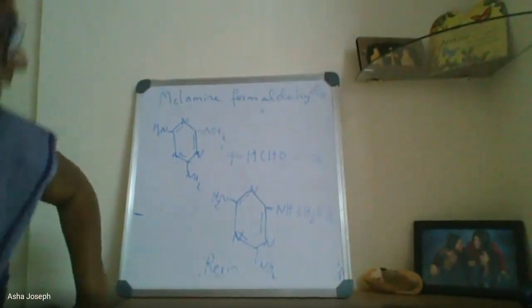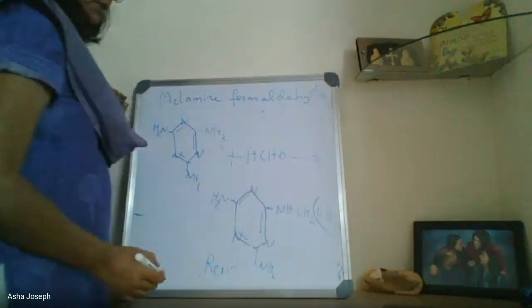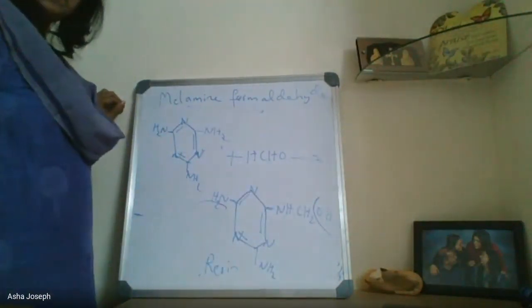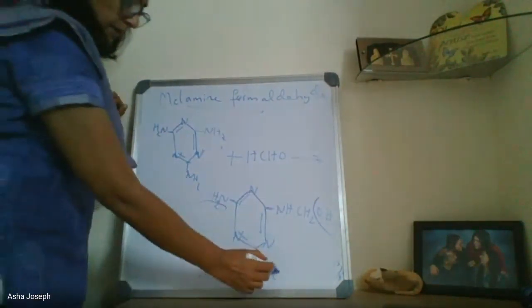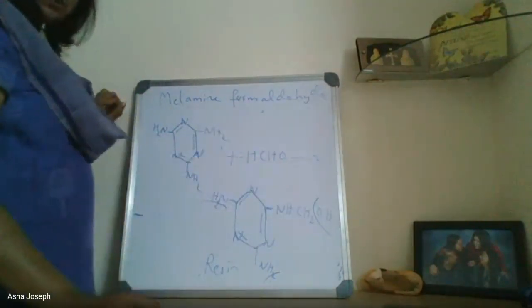And now this intermediate will polymerize and you will get the polymer. So again come to the board. Now the polymer, and you know that water elimination will be OH off and NH, H off. So everywhere H will be removed and there CH2. That is the polymer.